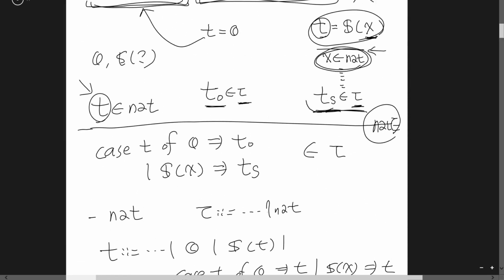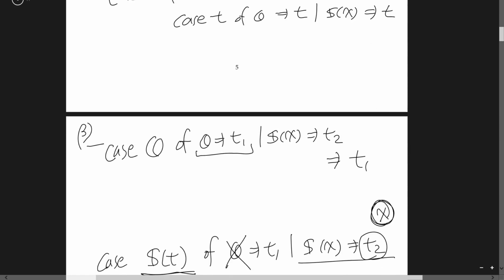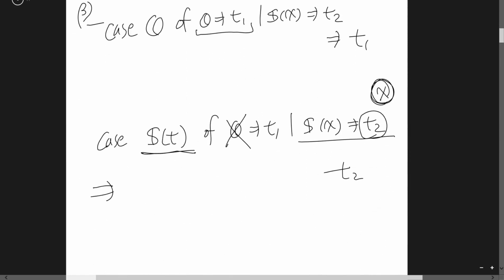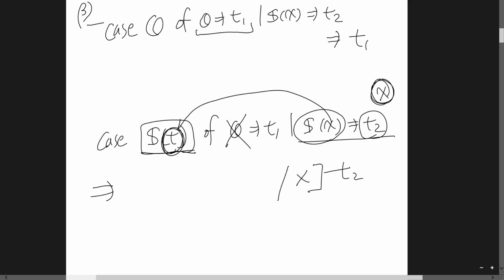So inside the term t2, you may substitute x with, actually it's a predecessor. If you apply pattern matching of this one against this one, then x is going to assume this term t. So you simply replace x with t. So that's the second beta reduction.